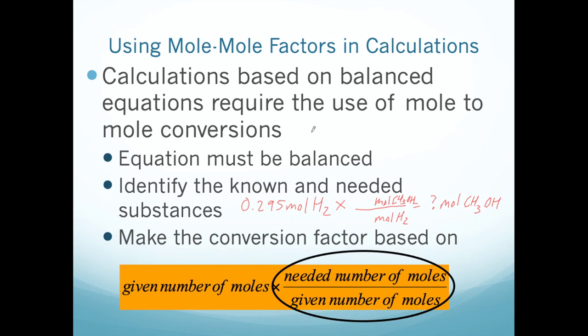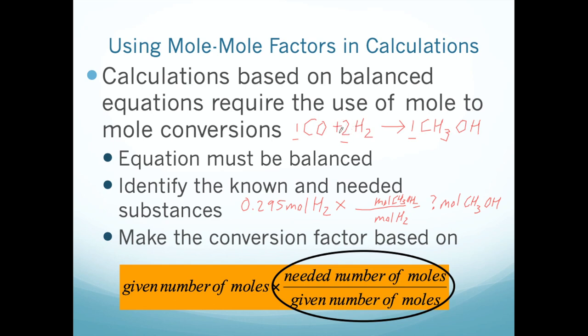Just to jog your memories, rather than go back all those slides, I'll remind you that the equation was carbon monoxide reacting with hydrogen to make methanol. There were 2 hydrogens for every 1 methanol. So we're going to take those coefficients. There's no number written here, so you know it's an unwritten 1.